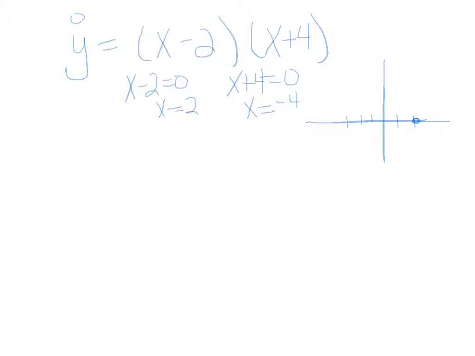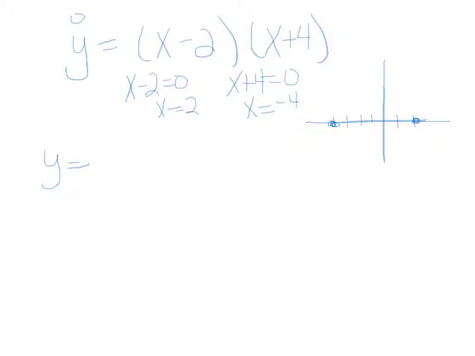Now that we have the x-intercepts, there are a couple of different ways that we can get the vertex. Before, I had you multiply this out with FOIL.